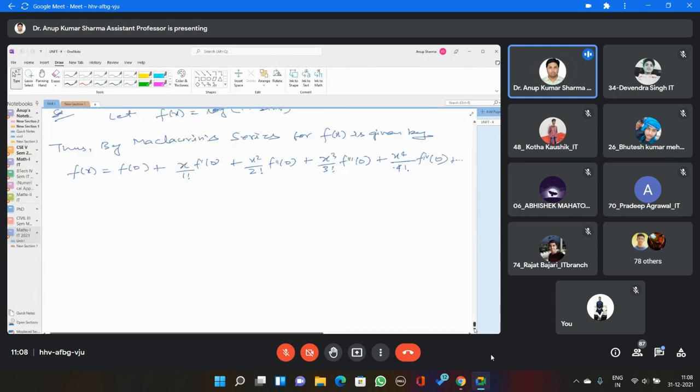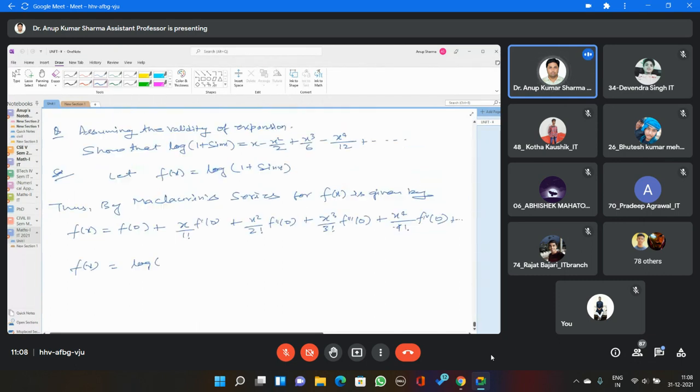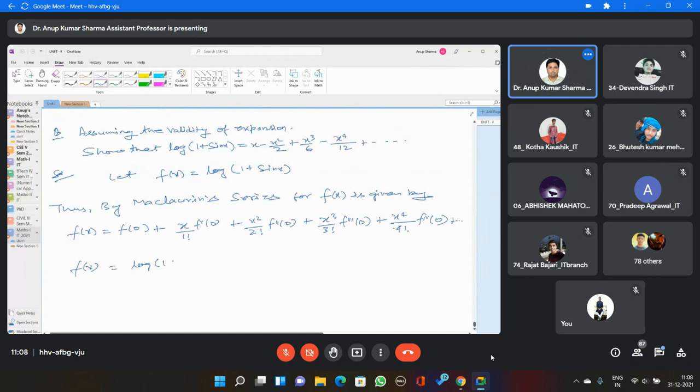Now f of x is equal to log of 1 plus sin x.